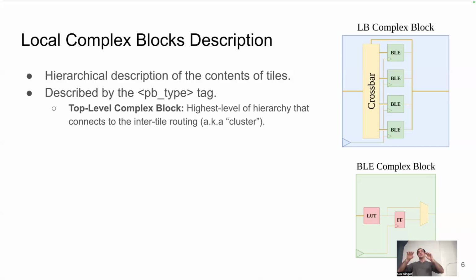It's basically how we get the inputs to the complex block into the tile. This is also called a cluster in our CAD terminology. It's a little weird, but in reality, when we do packing, we create a cluster that reaches to the top level complex block. That's our ultimate goal. And then once we do packing, we can start doing placement and routing. Or if you do this completely flat, good luck, but you could also do that.